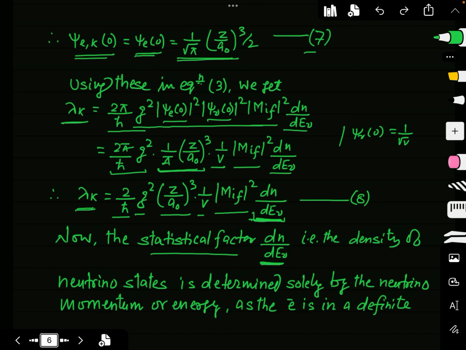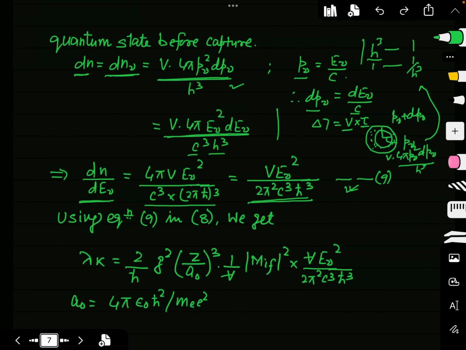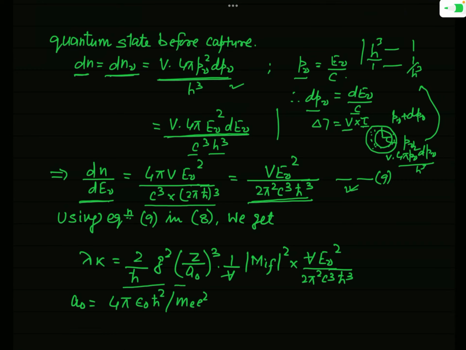So what will be this lambda k? You can see this lambda k will be 2 over h bar times g square times Z over a naught whole cube times 1 over V times mod of M if square times dN by dE nu, and the value of dN by dE nu is this much, and substitute this value here.